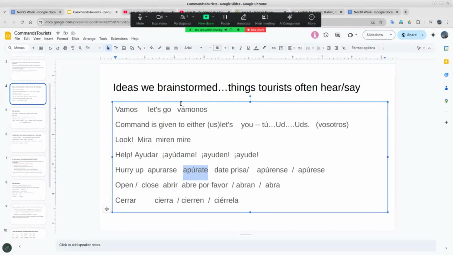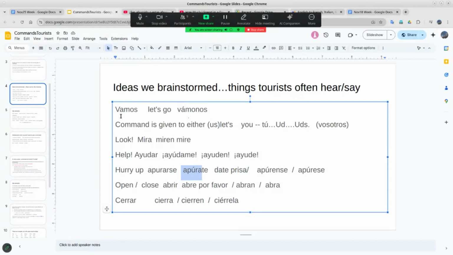You drop the S off of apuras and slap the te on the end. Normally, when you conjugate a verb, that te comes in front. It's a command because it's tagged onto the end. Apúrate, hurry up. Or date prisa. Darse prisa is another way to say hurry up.